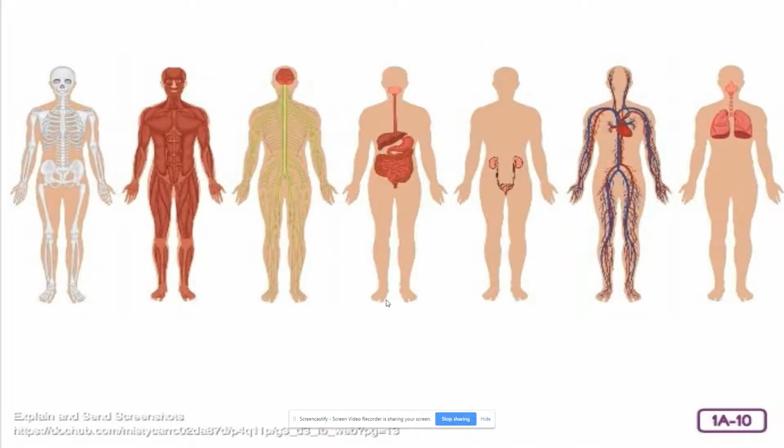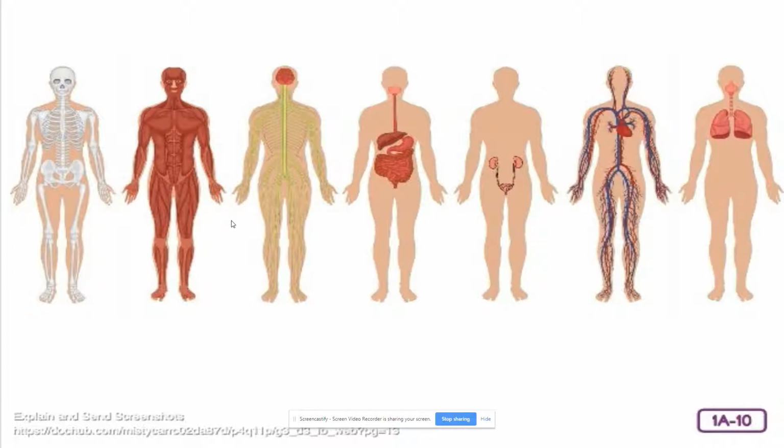Let's finish talking a little bit about our systems. So organs are made up of tissues, and tissues are made up of cells. And cells have specific structures and come together to form organs. There are many different types of tissue.